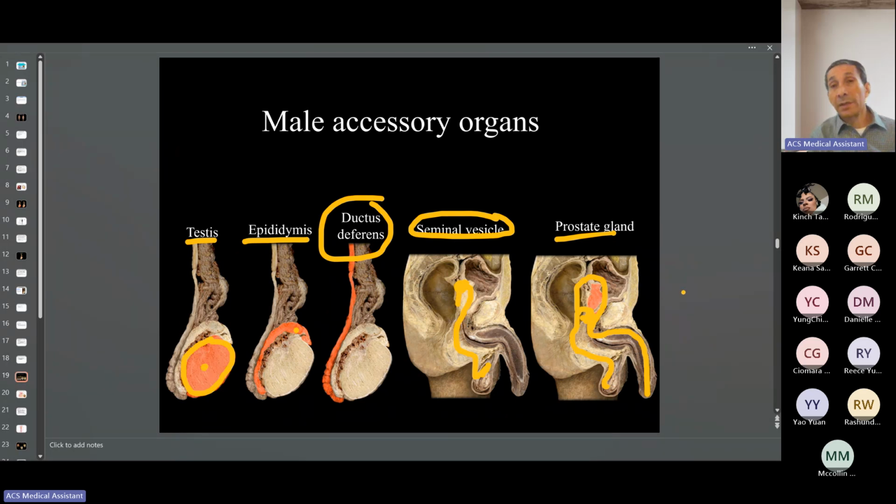So when we talk about the seminal fluid, it's nothing else than the secretions from the seminal vesicles, the secretions from the prostate, the secretions from the Cowper's gland, plus sperm. That's seminal fluid. Semen is just a short name for seminal fluid.